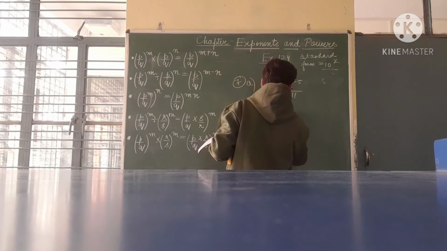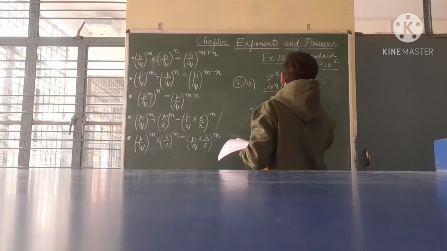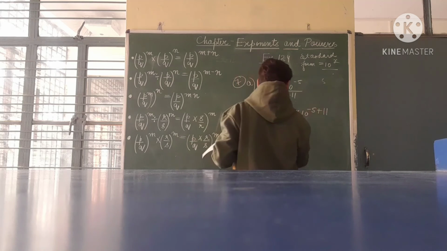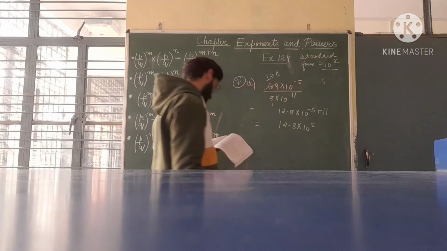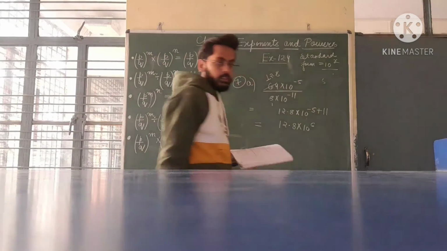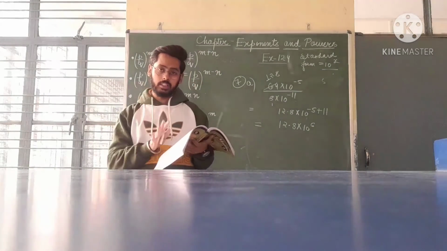We get 12.8 into 10 to the power minus 5 minus minus 11, and we consider it as plus 6, so 10 to the power 6. This will be the standard form, that is 10 to the power 6. Is it clear, students? Okay, now I have completed this exercise also.